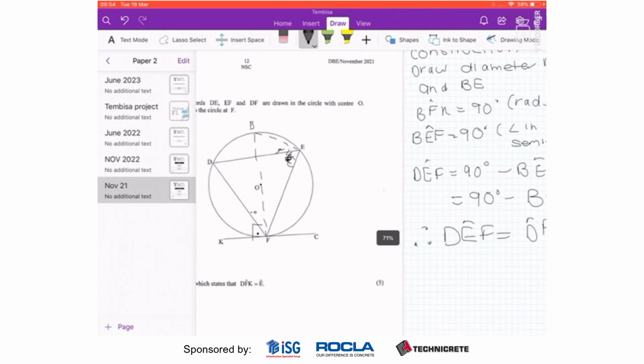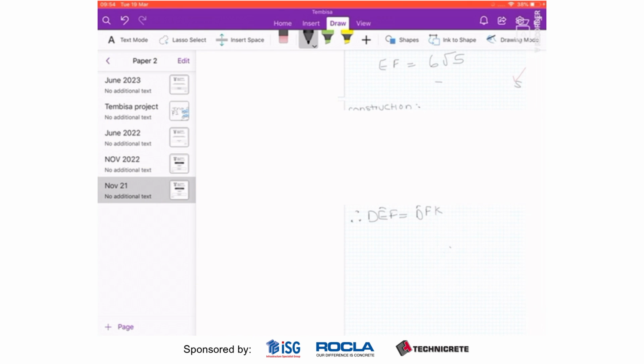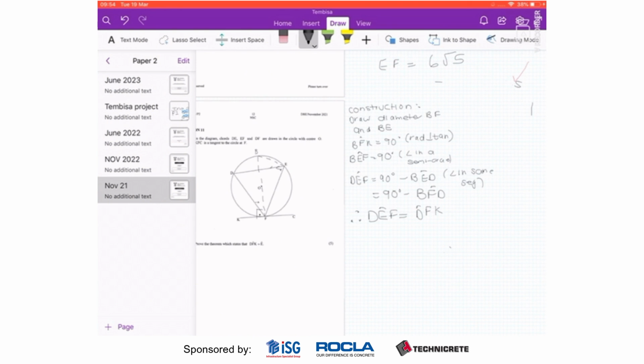We said that BEF was also 90, angle in a semicircle, but we're only looking for angle E here. That helped me find the angle DEF, because DEF is 90 minus BEF.